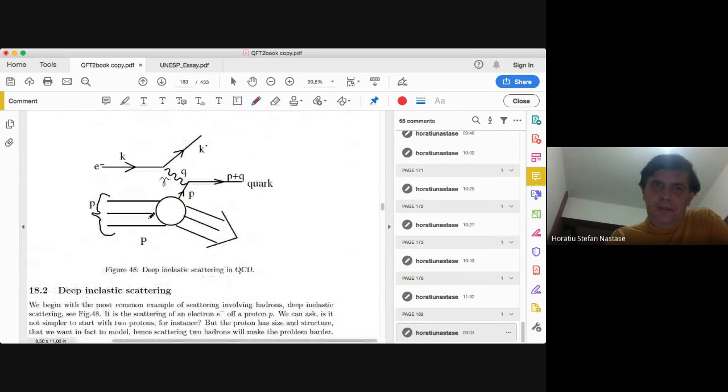So we consider this reaction with the incoming electron with momentum k and incoming proton with momentum capital P. Then the quark that's extracted has little momentum little p. Then the electron that goes out has momentum k prime, and the photon exchange is with momentum little q, as we said. The quark at the end has momentum p plus q.